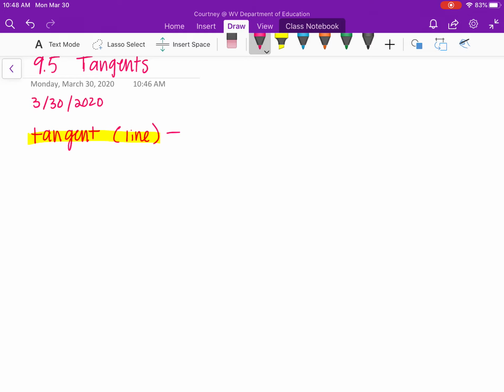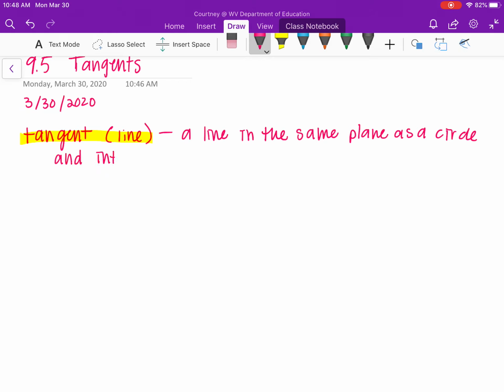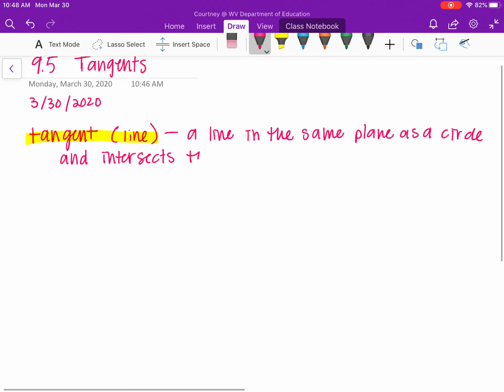Okay, a tangent line is a line in the same plane as a circle and intersects the circle at exactly 1 point.